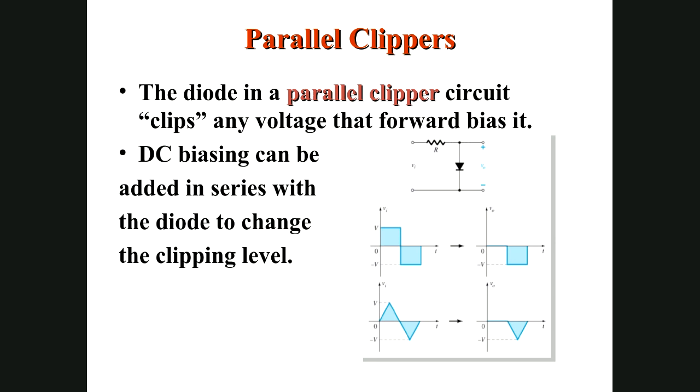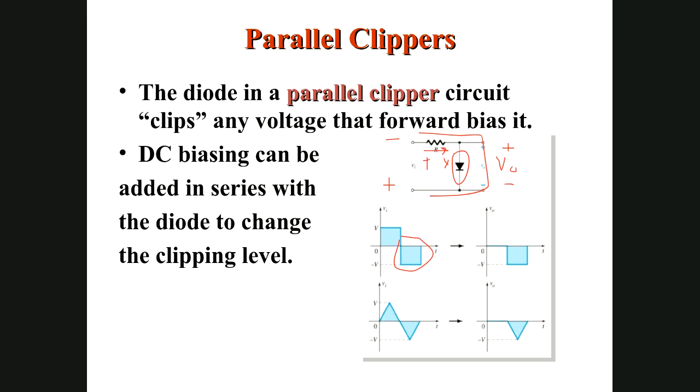During the negative half, our input signal is like this: this point is negative and this point is positive. In this case, your diode is reverse biased. If your diode is reverse biased, it is as if it is not present in the circuit. So you have a circuit with a closed loop in which your output is there. How do we know the output voltage? You have to apply KVL, and as your diode is reverse biased, there is no current, so the current in the resistor will be 0.